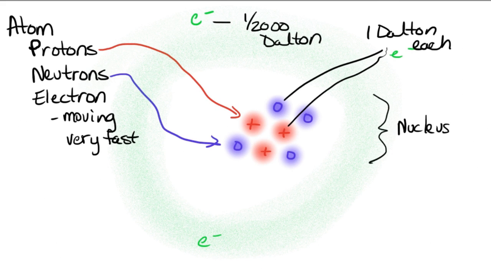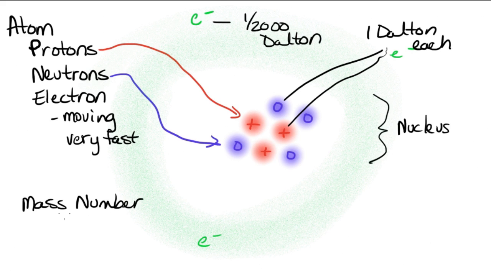And when we talk about the overall mass of the atom, we don't even think about the mass that the electrons are contributing, because in the grand scheme of things, it really is negligible. So if we're talking about the atom's mass, we really just want to add together the number of protons and neutrons. So that happens to be what we call the mass number.